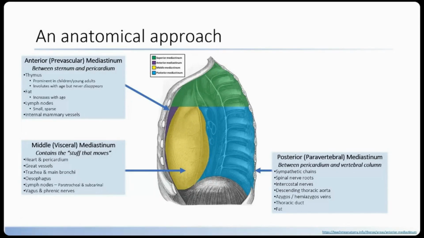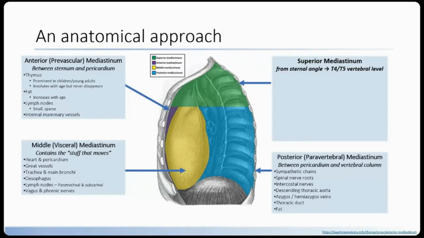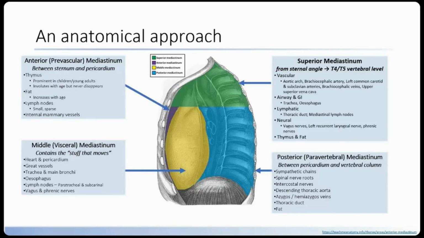I think the other thing that sometimes we forget, particularly when we do this compartmentalization of anterior, middle, and posterior, is also we sometimes forget to consider the superior mediastinum. And that's really important for a number of different reasons. Yes, there are the vascular structures, upper aerodigestive structures that we're all fairly comfortable with, neural structures like the vagus nerve and recurrent laryngeal nerve.